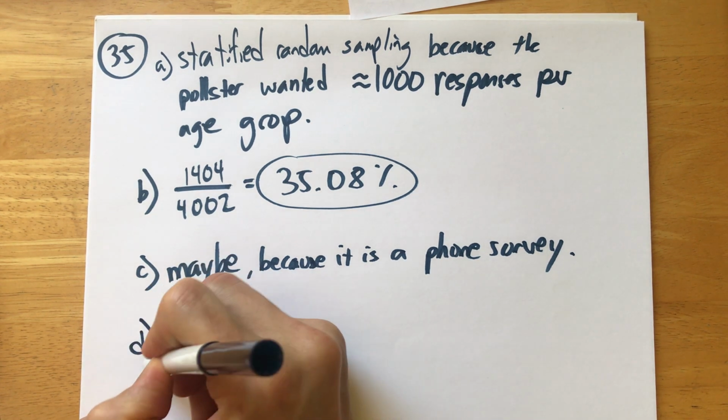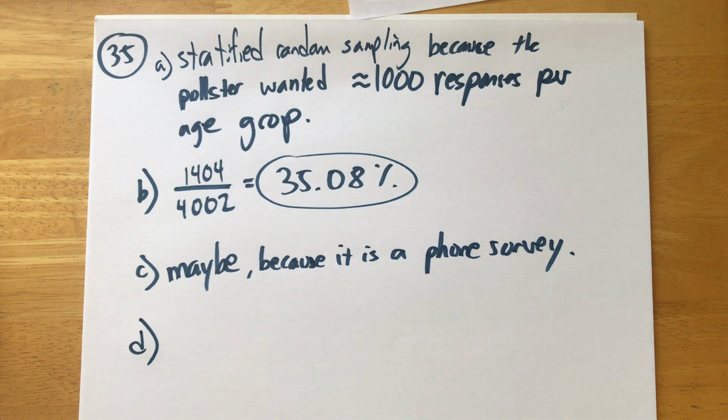Okay. And then lastly, D. What question do you think the pollster was trying to answer? Okay, so look at the row heading and then the column heading.